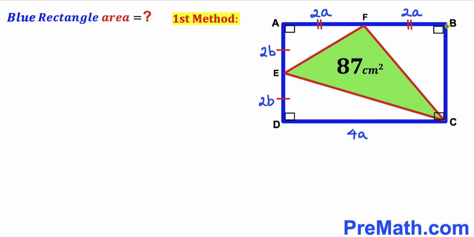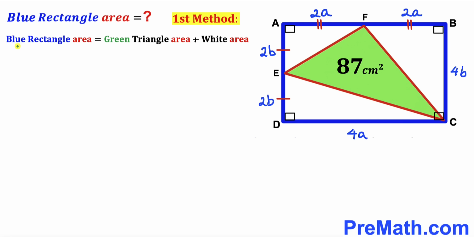And likewise, this side BC is going to be 4 times B, since the sum of this side AD is going to be 2B plus 2B, which gives us 4 times B.